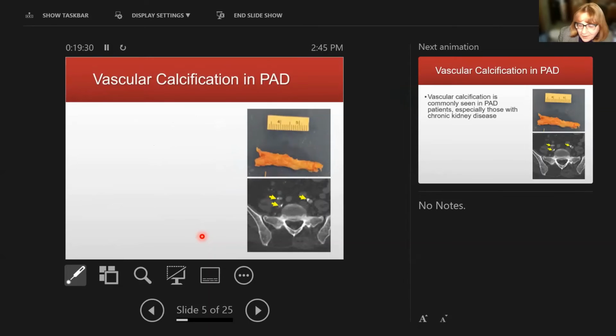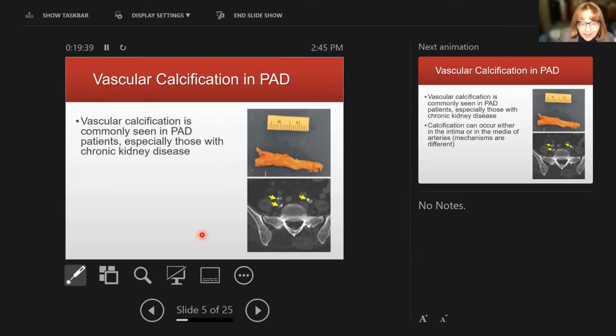And also thank Dr. Azar for introducing everyone to the notion of vascular calcification. So this is a further complication frequently seen in peripheral arterial disease, especially in patients who have chronic kidney disease. And in this, in a calcified vessel, the vessel becomes almost bone-like.